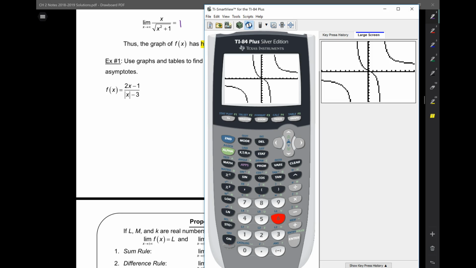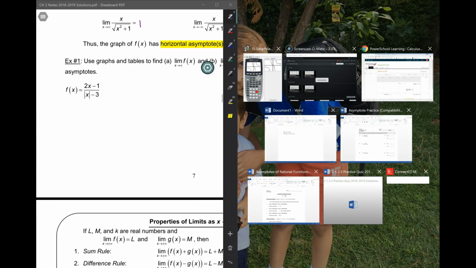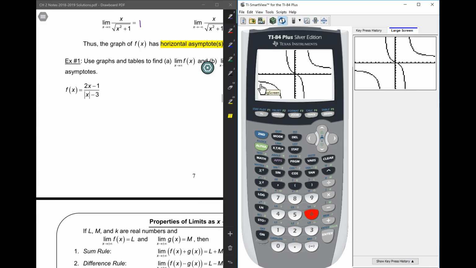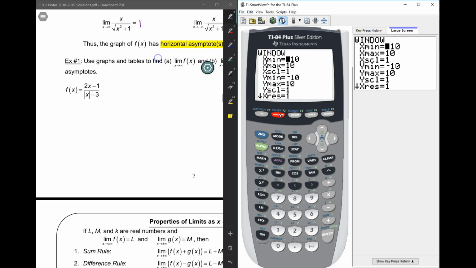Okay. So first of all, it says the limit as x approaches infinity. So as x approaches infinity, it means when we're as far to the right and to the left as possible. So if I go to my window, and let's say for x max, I go from negative 1,000, that's big enough. It's big enough that you could figure out the intentions of the graph as x gets very large.